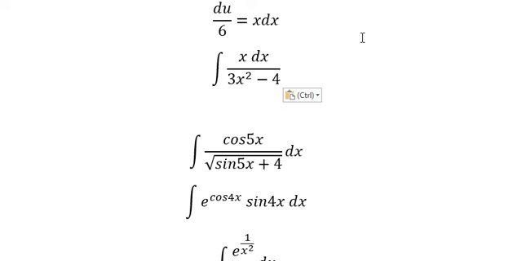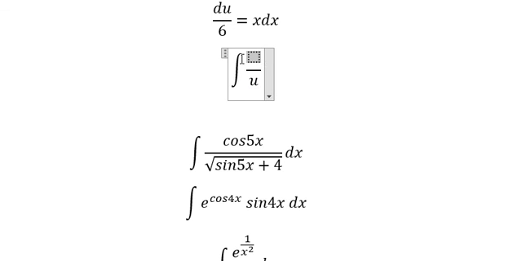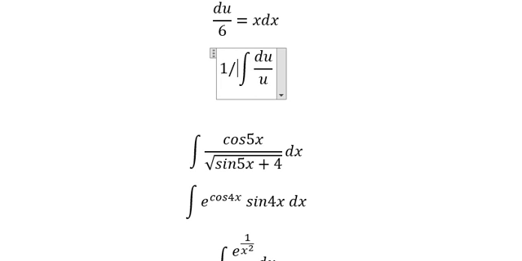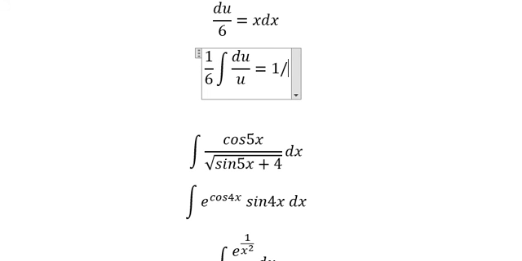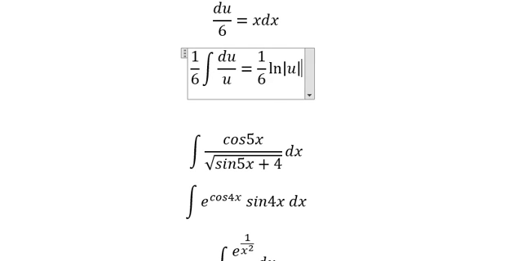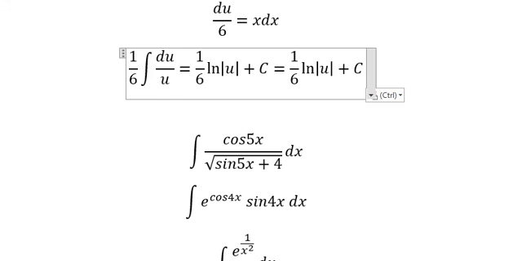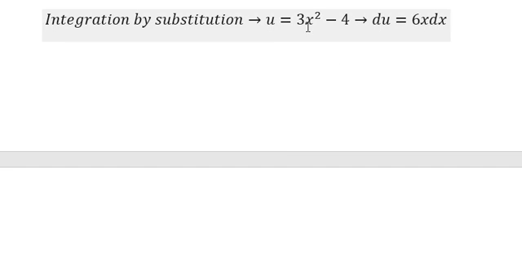So we know that this one we change for u, s ds we change for du over 6. And this integration we get ln of the absolute value of u, and we put c. About u, that's this one.